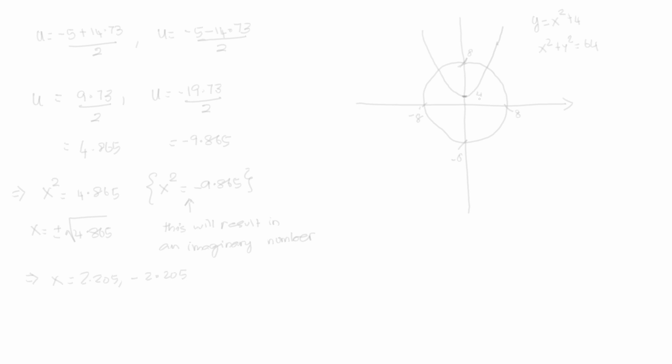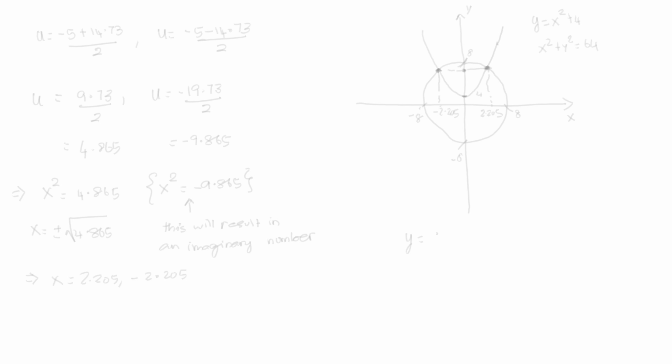The picture is not drawn to scale. You can clearly see the parabola crosses the circle at exactly two points, and the x values of the crossing are 2.205 and negative 2.205.